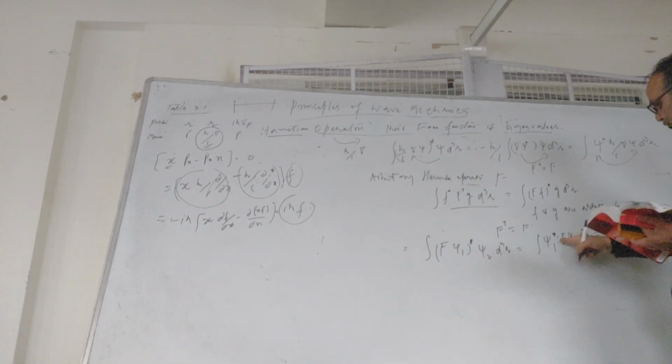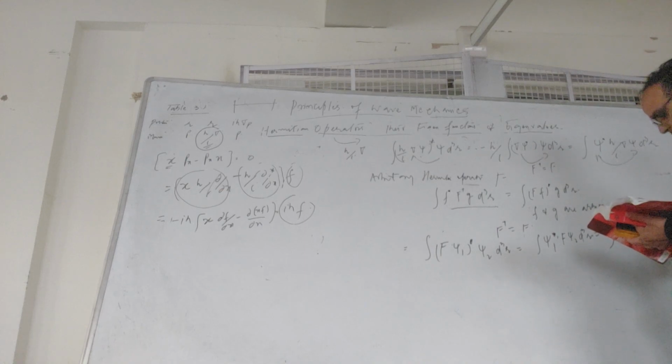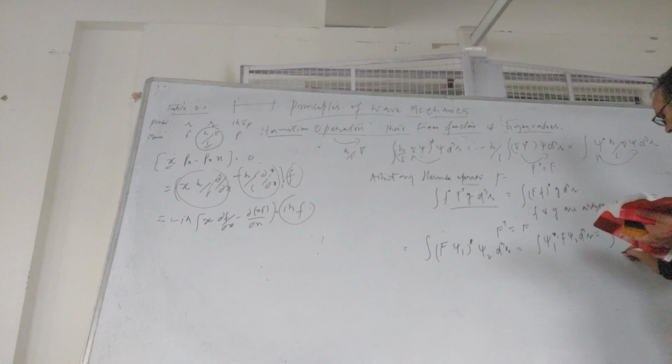If we keep it as it is, side star F dagger side two, and hence F is self adjoint.